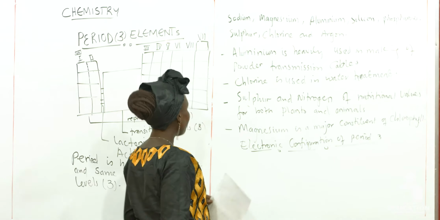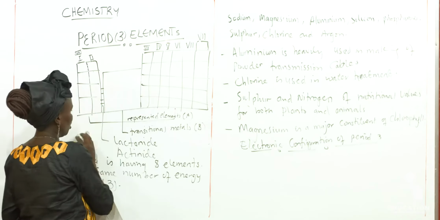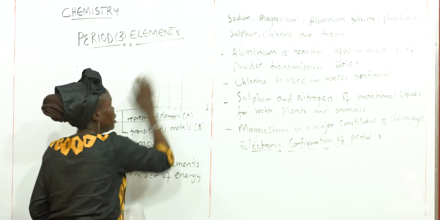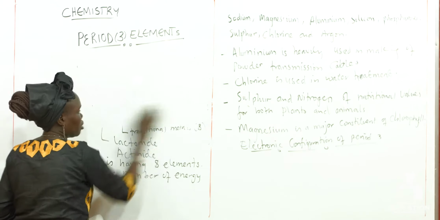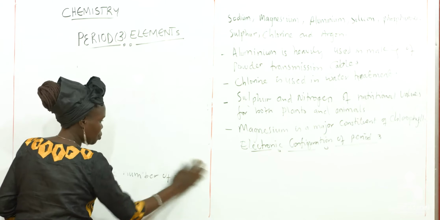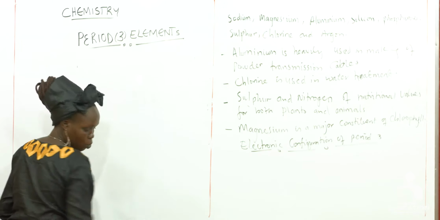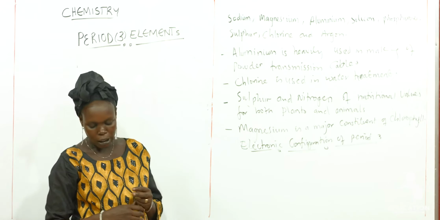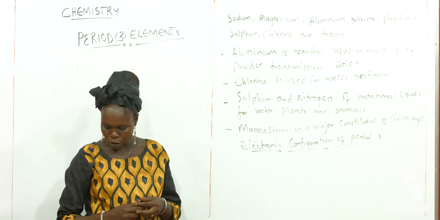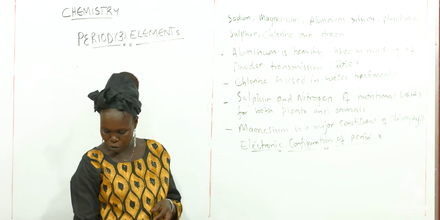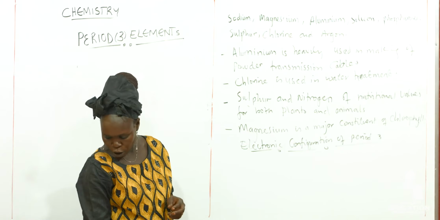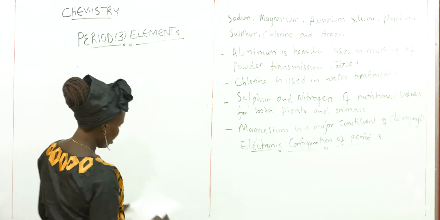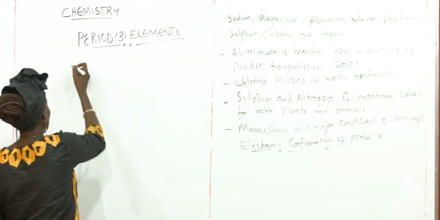We shall start with the first one, which is sodium, and to distribute the electrons we need to know their atomic numbers. Here the number of energy levels is used to identify the period of the elements in the periodic table.